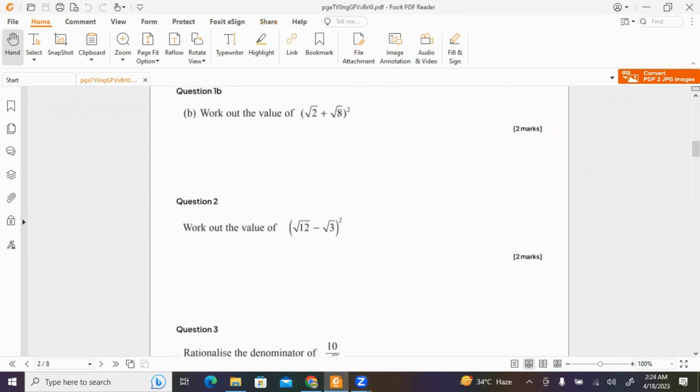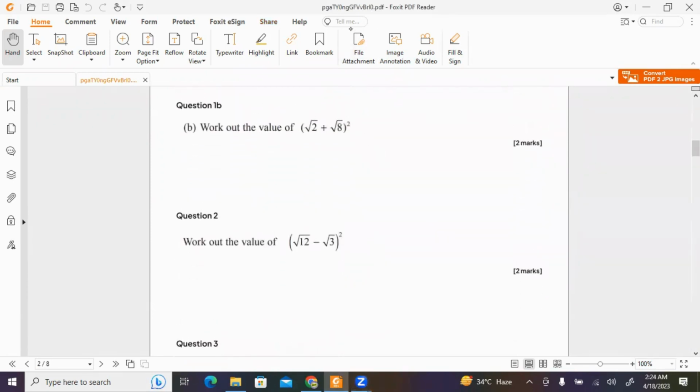And if you look at 1b, it says work out the value of root 2 plus root 8 whole square. So we can rewrite root 2 plus root 8 whole square as root 2 plus root 8 times root 2 plus root 8. So we just rewrite this as the bracket being multiplied to itself, and then we expand the brackets.